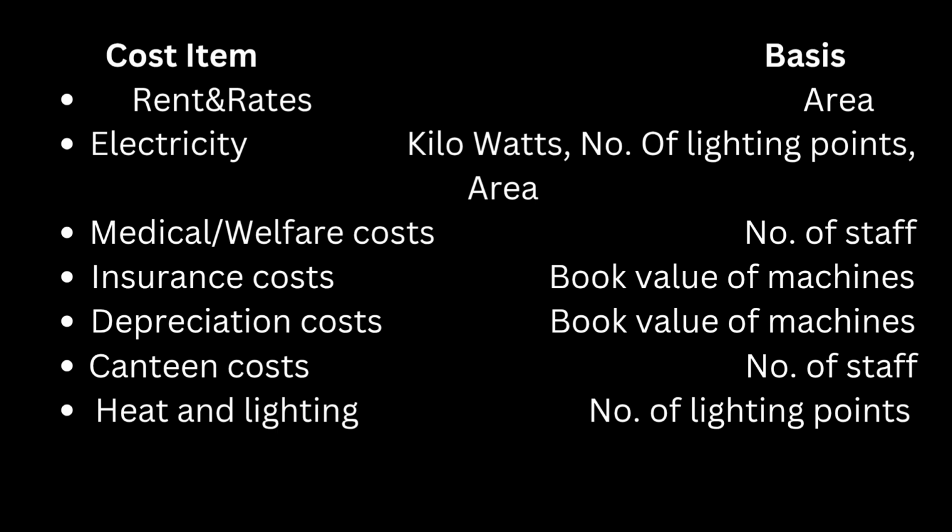So the depreciation costs we shall apportion based on the book value of the machines at that time. Then another cost item can be canteen or recreation costs. This we can apportion based on the number of employees. Then we can also have heat and lighting costs as another cost item. It can be apportioned based on the number of lighting points.